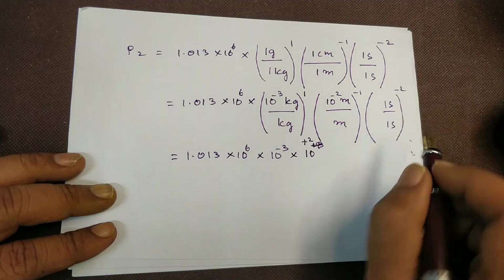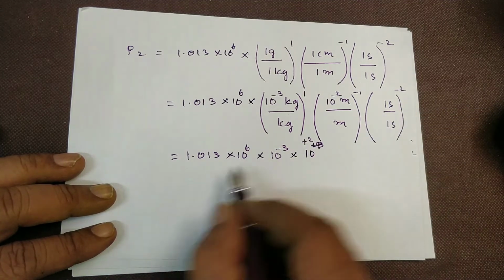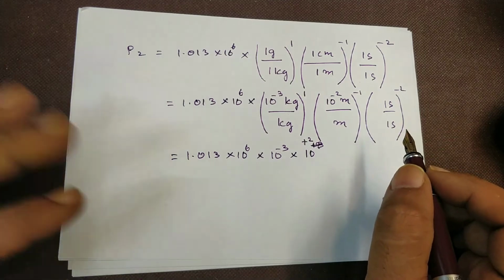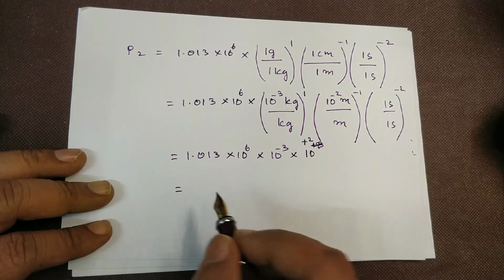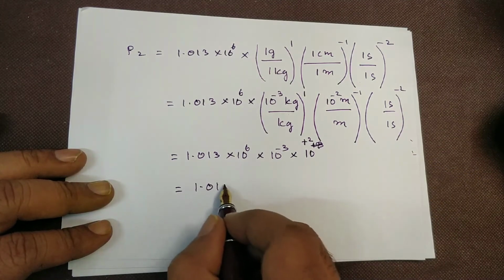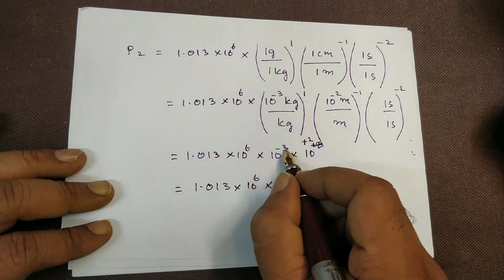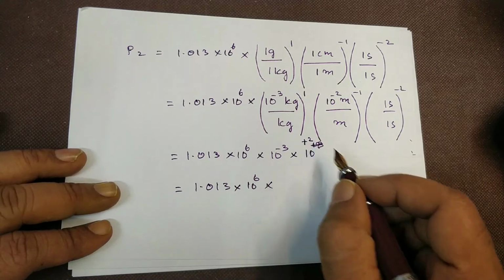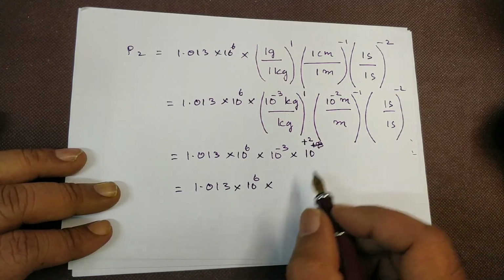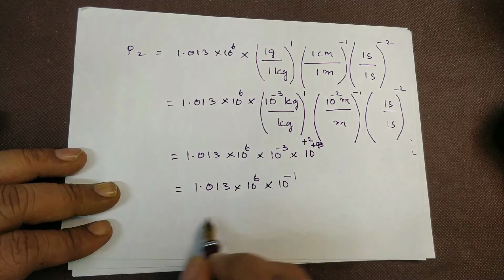Then second is cancelled, 1 power minus 2 is meaningless. So 1.013 into 10 power 6 into 10 power minus 3 into 10 power plus 2, using a power m into a power n is a power m plus n, so 10 power minus 1.